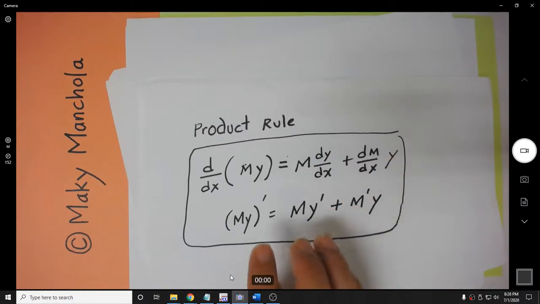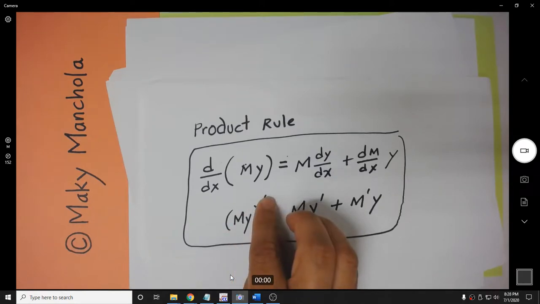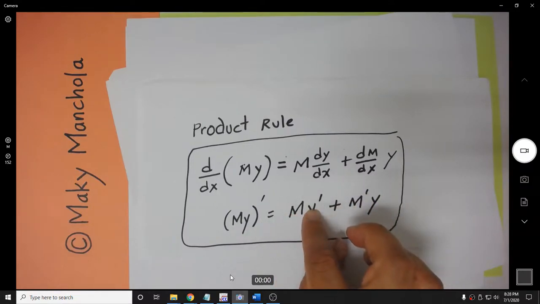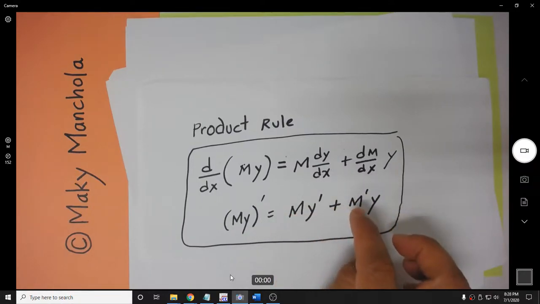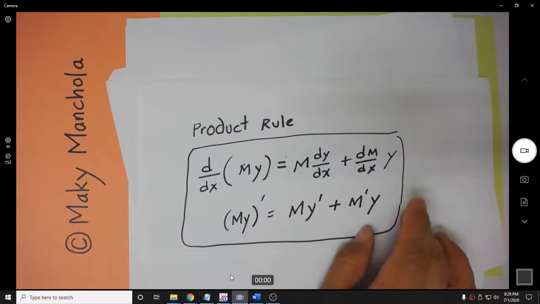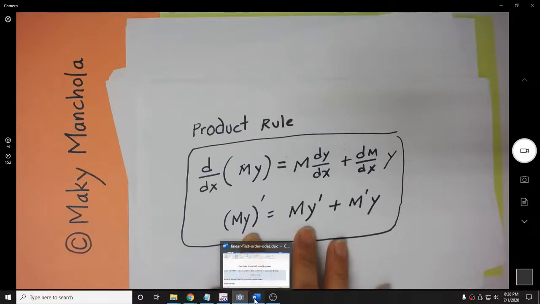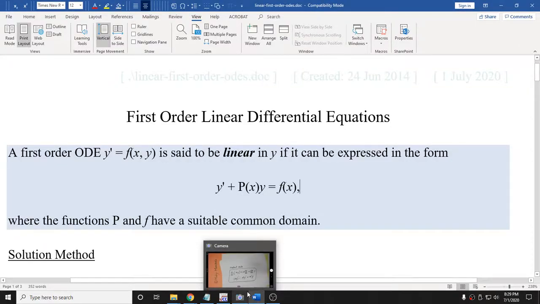More compactly, the derivative of the product m times y equals m times the derivative of y plus the derivative of m times y. We're going to utilize the product rule in developing a solution method for a first-order linear equation.